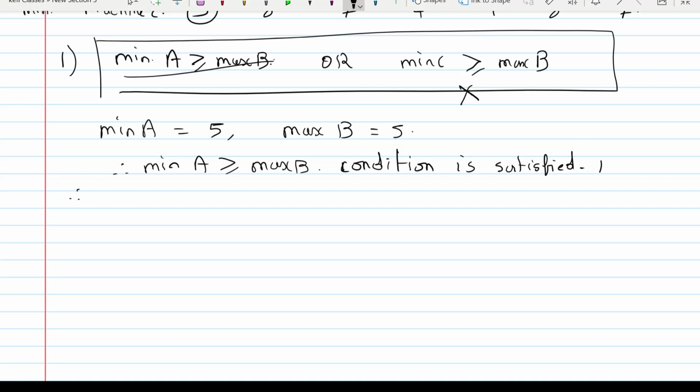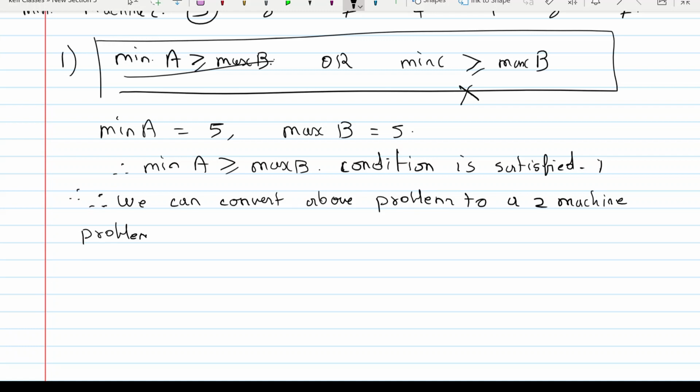Therefore, we can convert the above problem to a two machine problem.